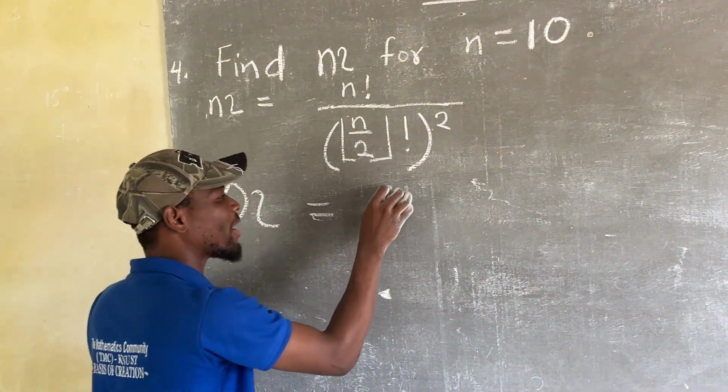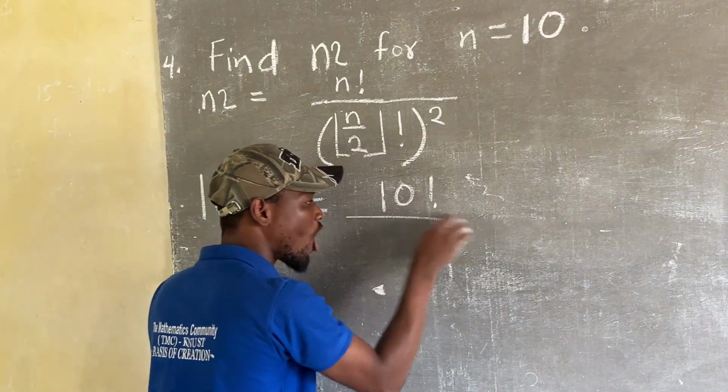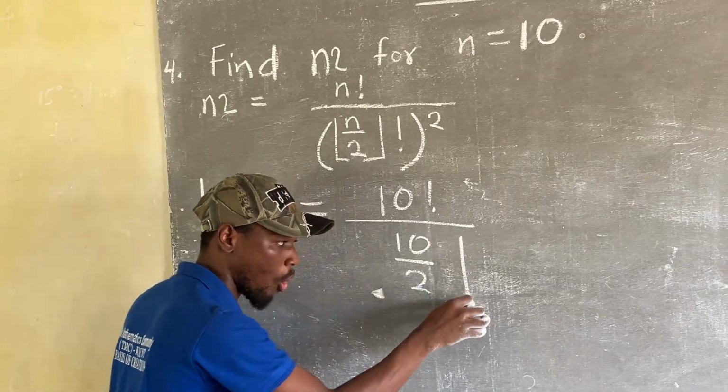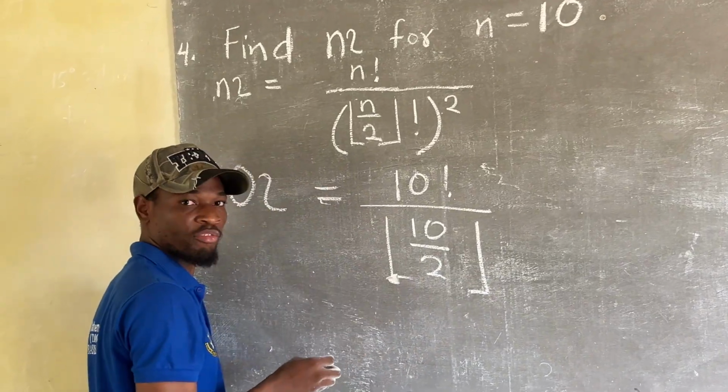so I have my 10 factorial, then all over 10 over 2. And remember, we are taking the floor of it.